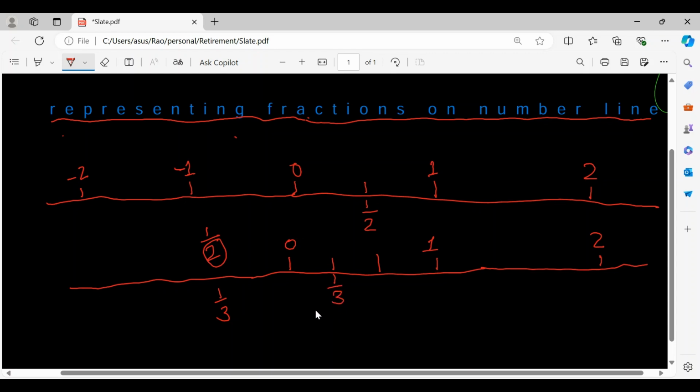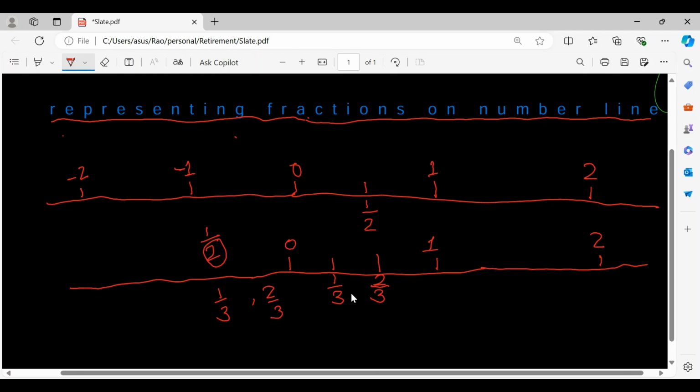And now if you have to show 2 by 3 on the number line, then the next number will be this, 2 out of 3.